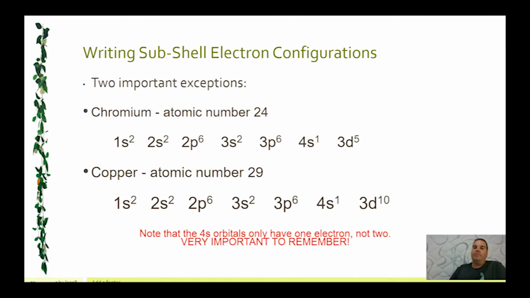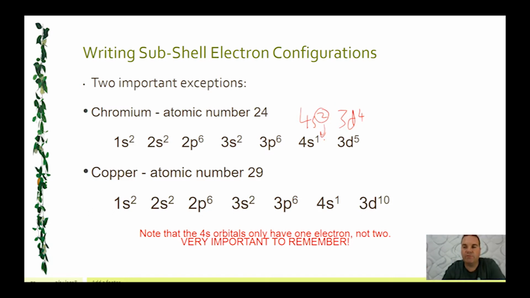There are 2 important exceptions following that, and they are both in the transition metals. The first one is for chromium. Now, if you go through and write out chromium following the normal method that we just had before, you'll end up with 4s2, 3d4. The reason that it doesn't exist as 4s2, 3d4 is because you've actually got a paired set of electrons here.